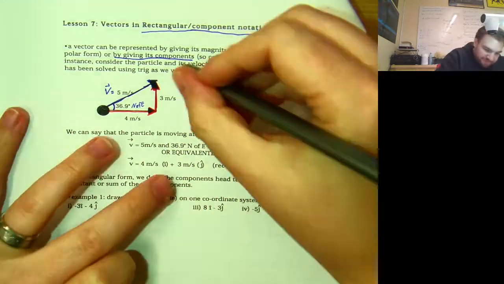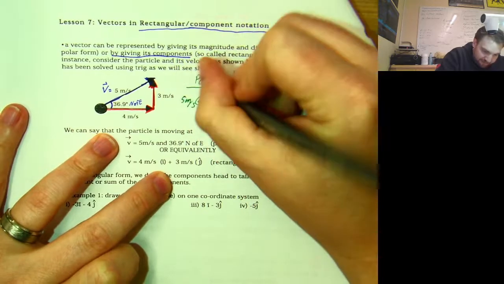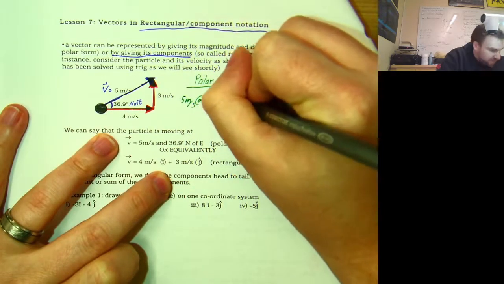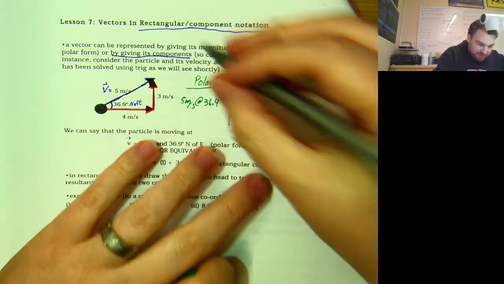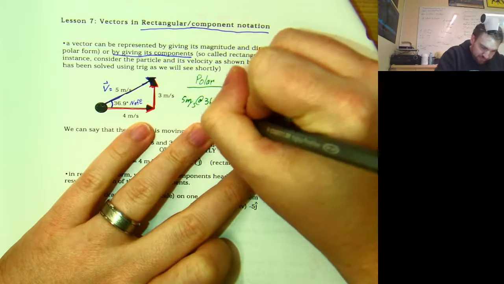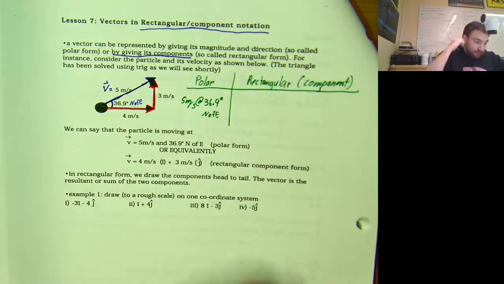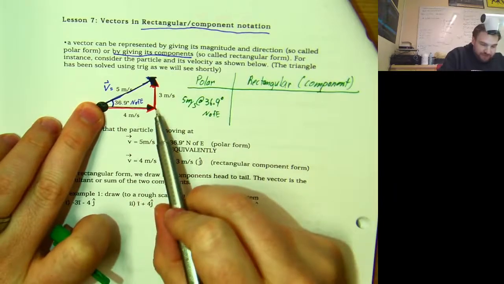So in polar form, this vector is 5 meters per second at 36.9 degrees. And in rectangular or component form, it's 4 meters per second this way and 3 meters per second that way.